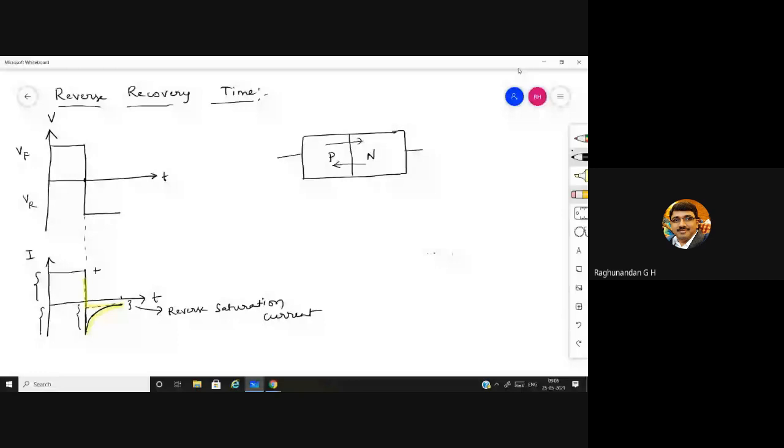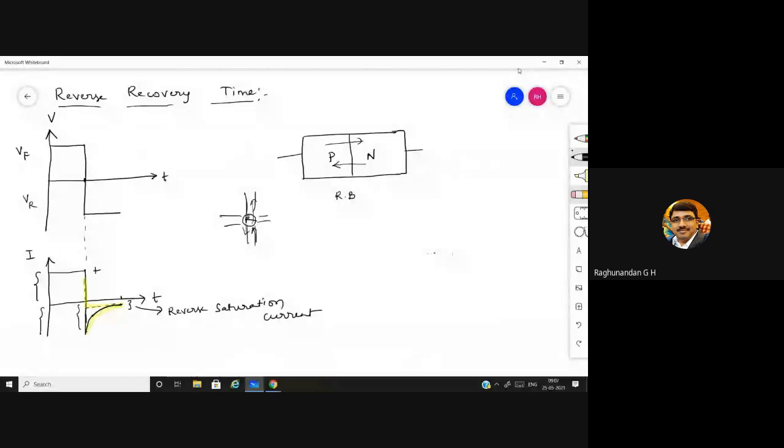When you suddenly reverse bias this, what happens is that the charges were freely moving across the junction. It is just like we have a junction where vehicles are moving easily, some vehicles are coming like this, and there is suddenly a red signal.